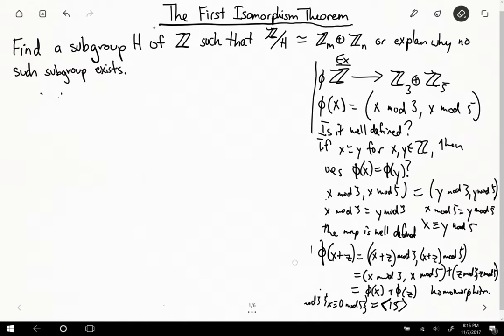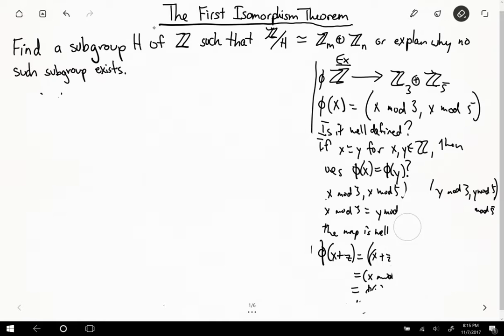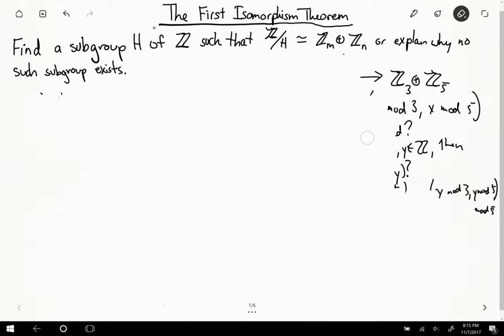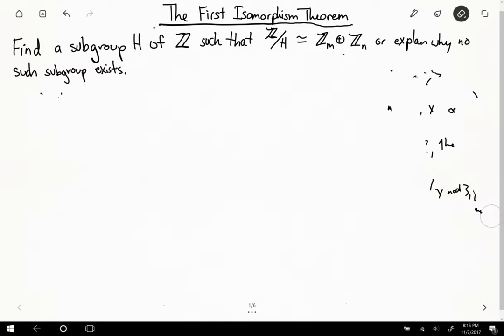That doesn't hold in general. So in general, there's other cases to consider.